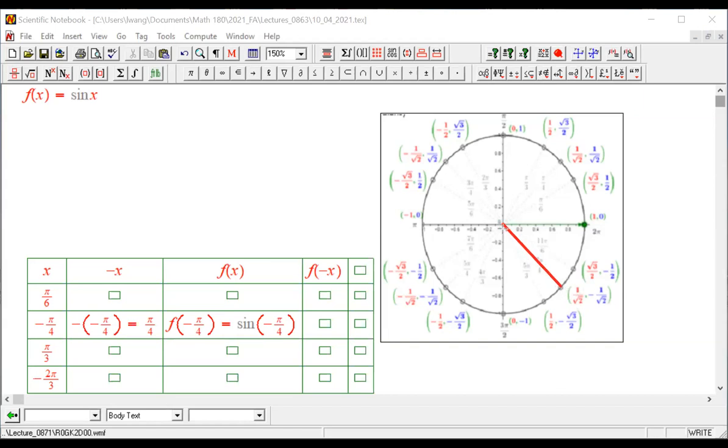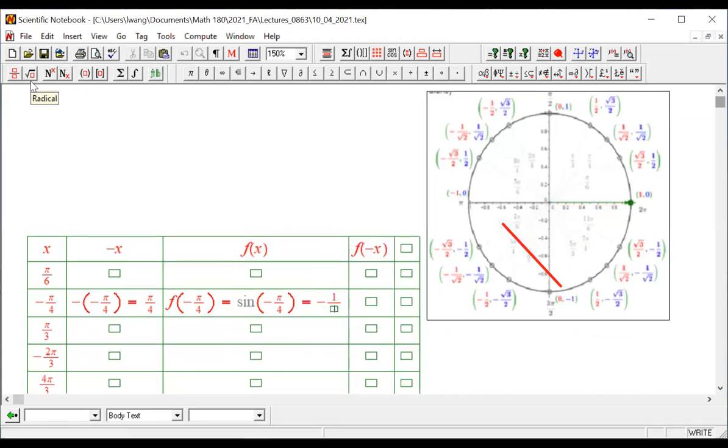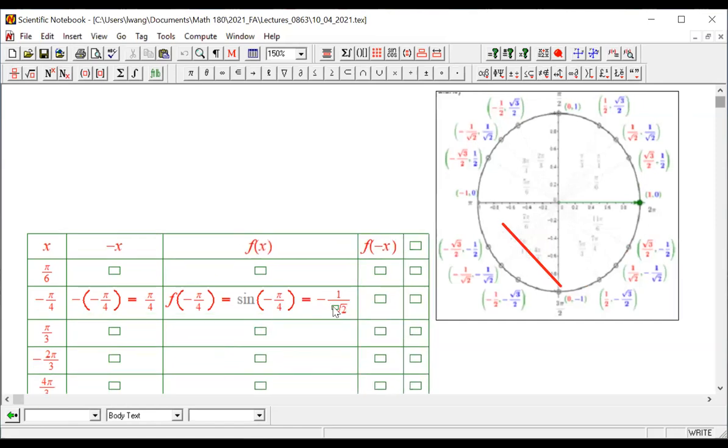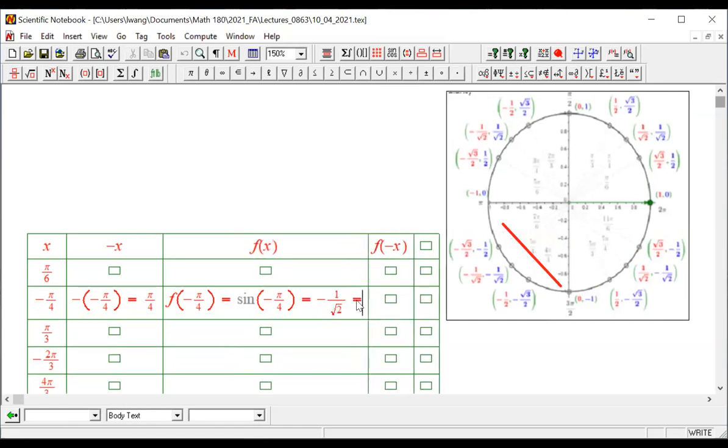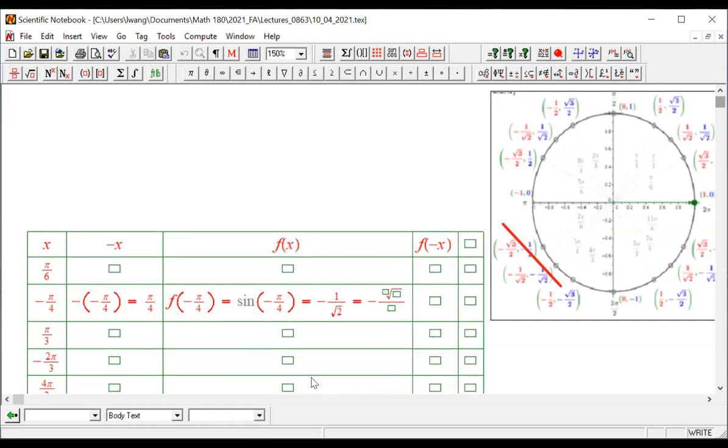You pick a point on the terminal side other than the origin. I'm citing the definition. Then I decided to pick the point on the unit circle, because the ratio is the same. All of these thoughts we talked about before. So sine of negative pi over 4 is the blue number. And what does it equal to? It equals negative 1 over root 2, or if you like the other form, negative root 2 over 2.